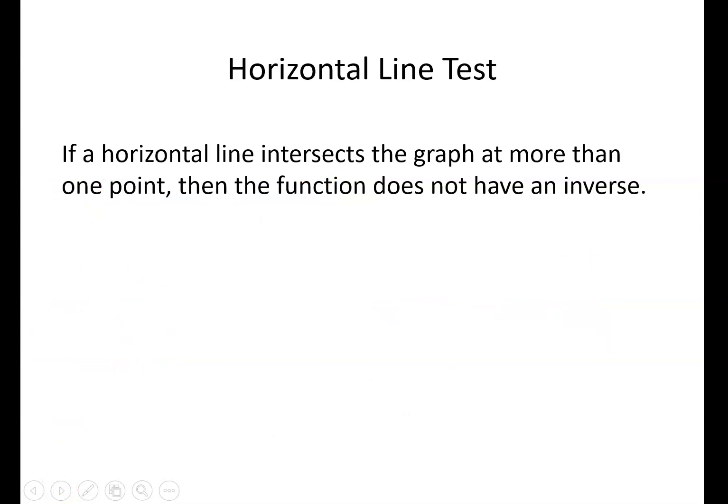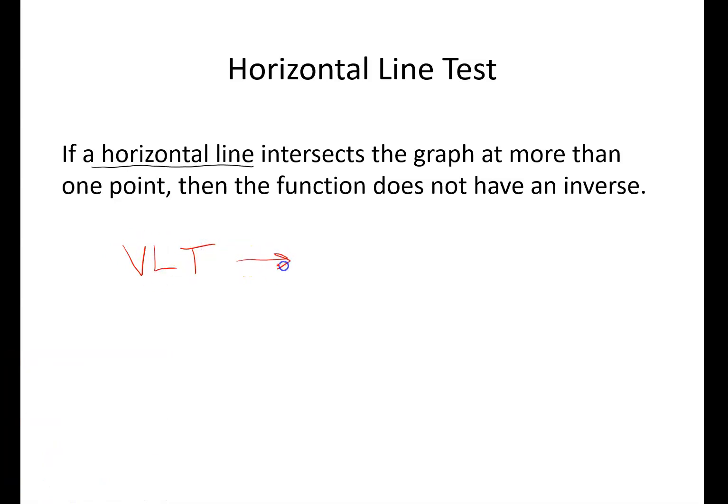Okay, the next concept in this lesson is the horizontal line test. It says, if a horizontal line intersects the graph at more than one point, then the function does not have an inverse. So it's very similar to the vertical line test. Let's change colors here. We'll call it VLT for vertical line test.